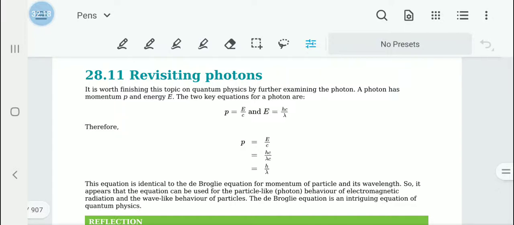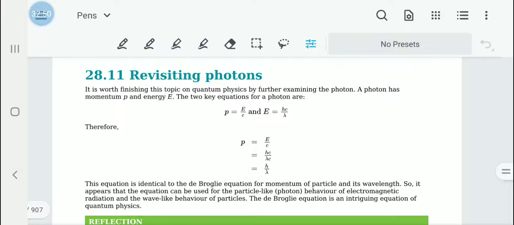Now we are going to learn a little bit more about photons before we end the lesson. So the photon has momentum p and energy E. So two key equations can be developed: p equals E upon c, and E equals hc upon lambda. Then from this we can get p equals E upon c, p equals hc upon lambda c, or h upon lambda.